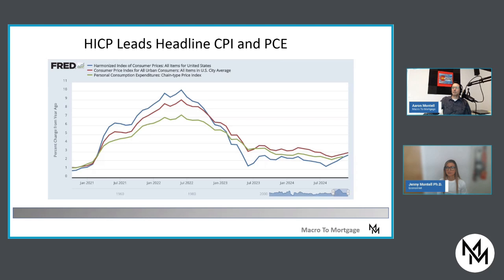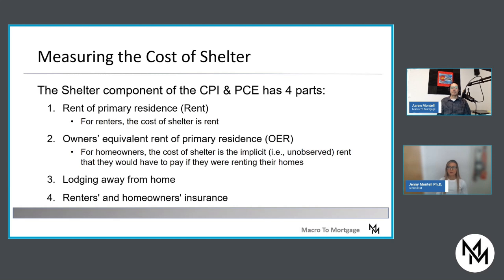So the main difference, it does include rural population, prices in rural areas, but also excludes housing, and therefore moves a little bit quicker on price changes. That's right. It reflects price changes more quickly. Yeah, that's basically right. All right, well, then let's dive a little deeper into measuring the cost of shelter. So, the CPI and PCE, and again, our previous video really delves deep into the differences between those two.